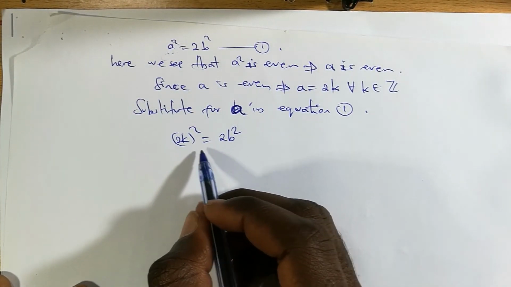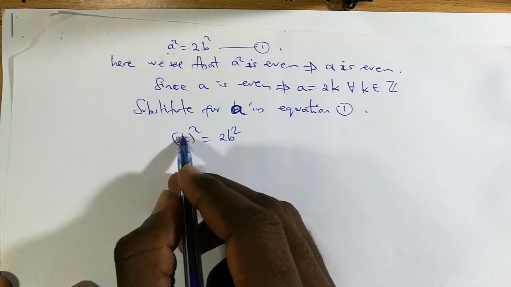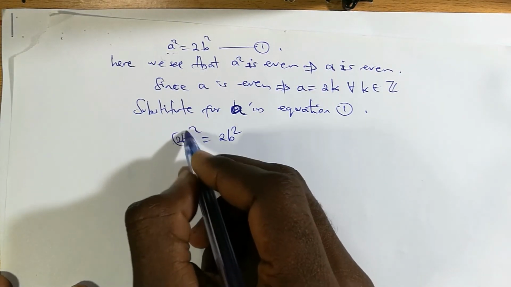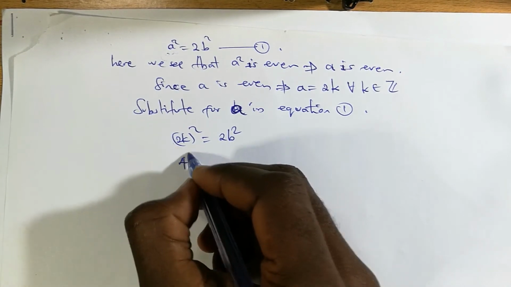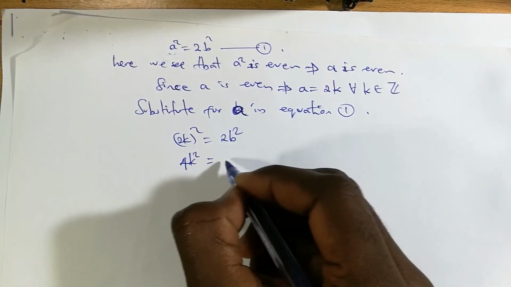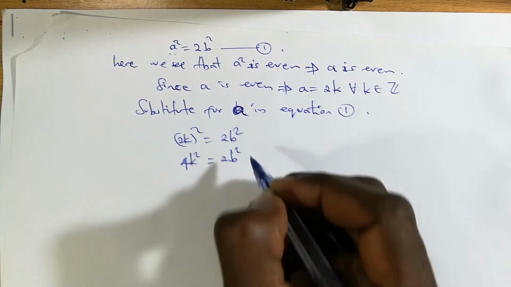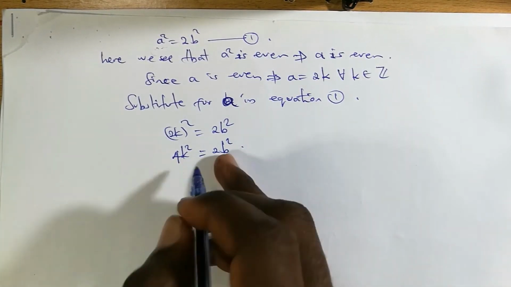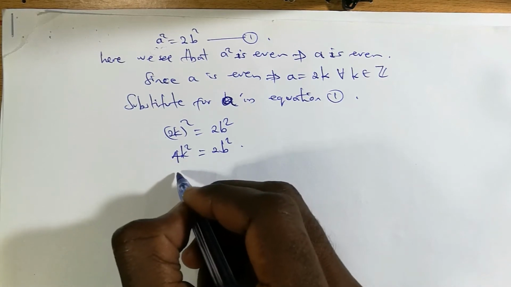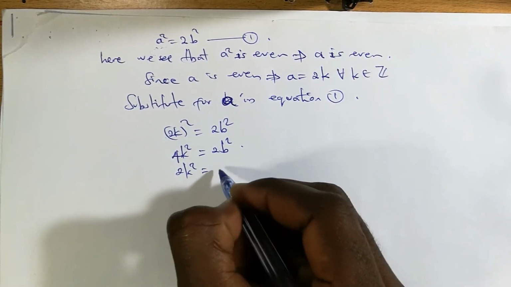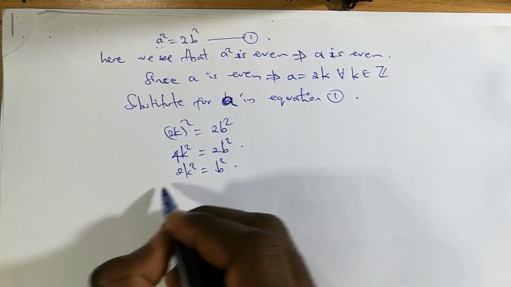So here we can open and expand this bracket. That means we have 4k squared giving us 2b squared. We can divide both sides by 2 to reduce this, since it can be reduced. We have 2k squared giving us b squared.